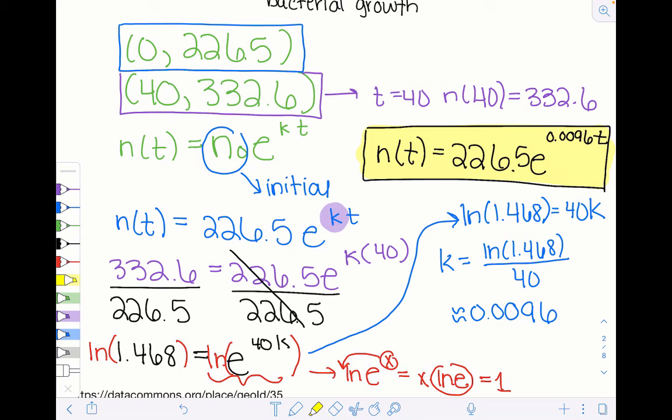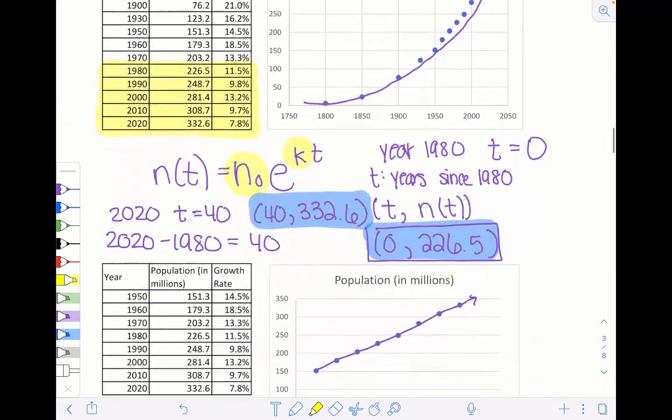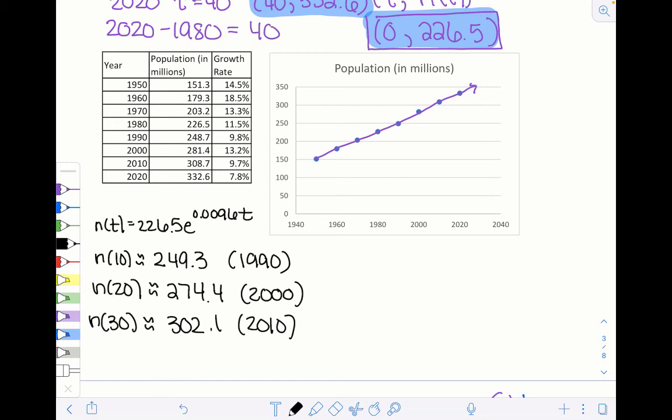Now I'm going to plug some values into this model to see how well it approximates the information from our table. Into the model, I plugged in the values t equal to 10, t equal to 20, and t equal to 30, which correspond to the years 1990, 2000, and 2010.